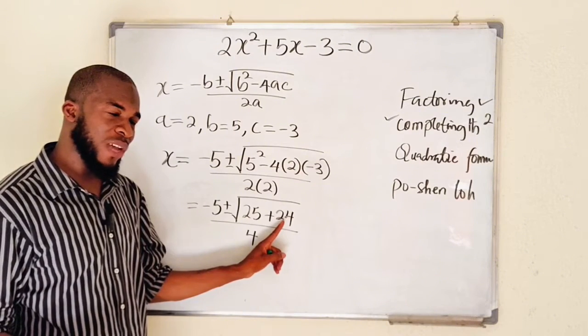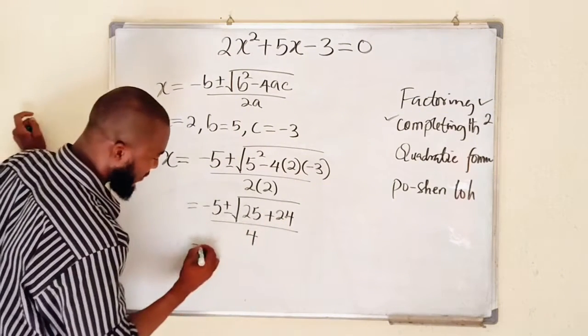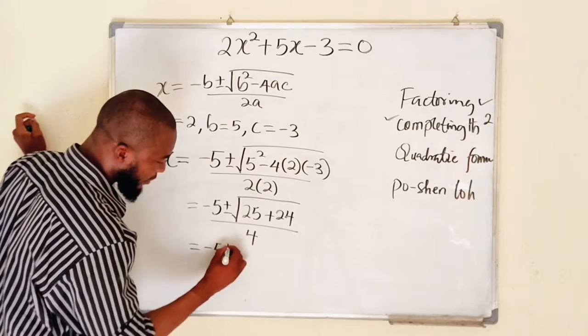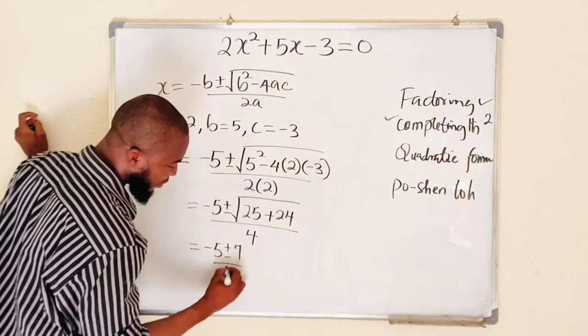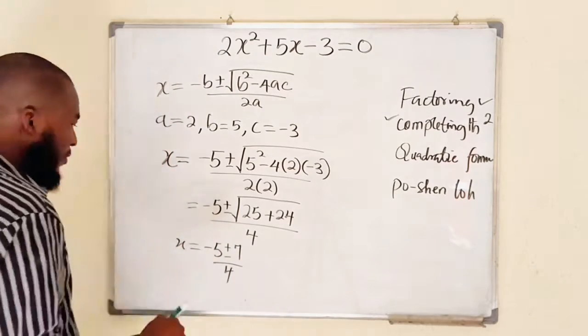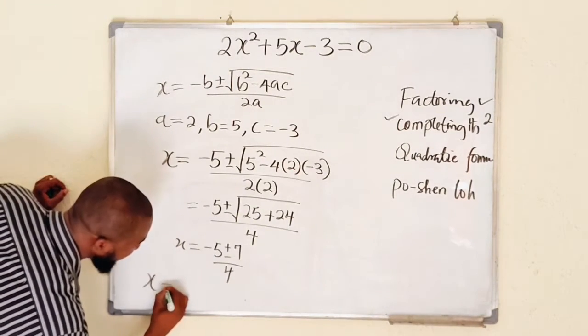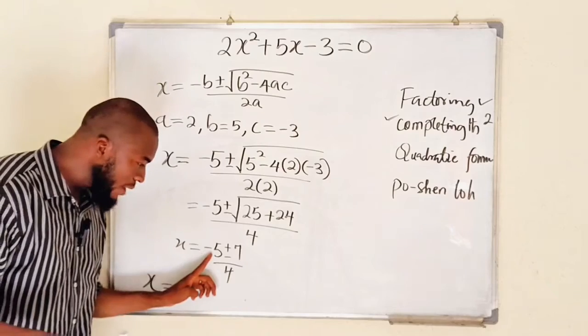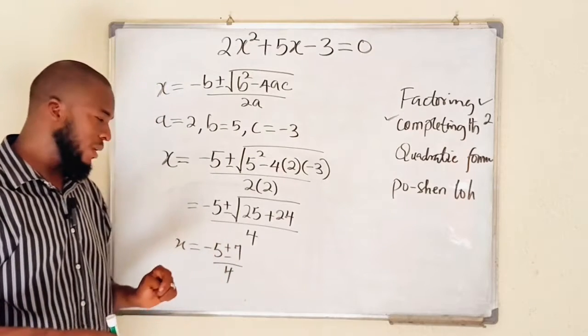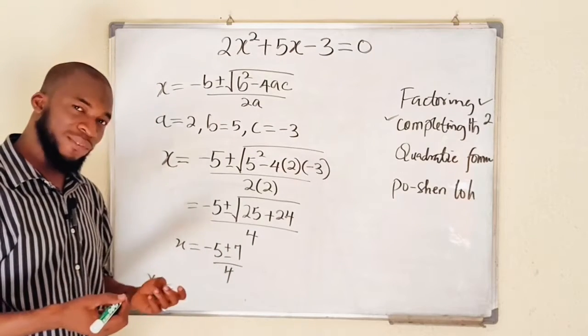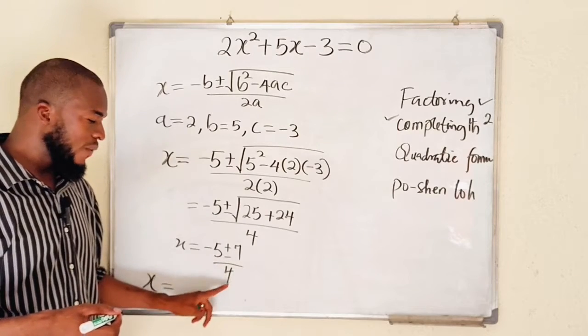Square root of 49 is 7. So this is minus 5 plus or minus 7 divided by 4. That's x. So let me compute for the values of x directly. x is equal to minus 5 plus 7. That is positive 2. Divide by 4.